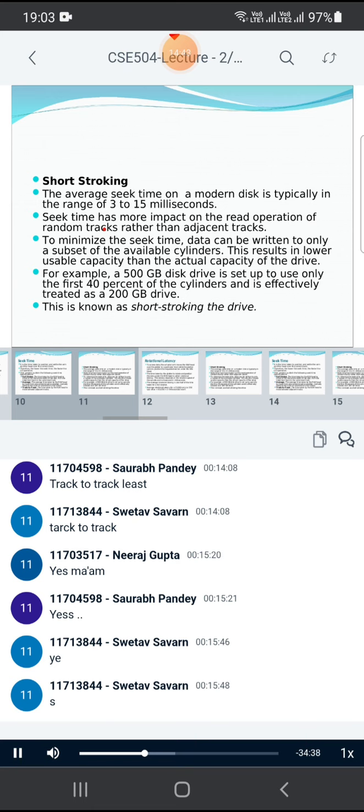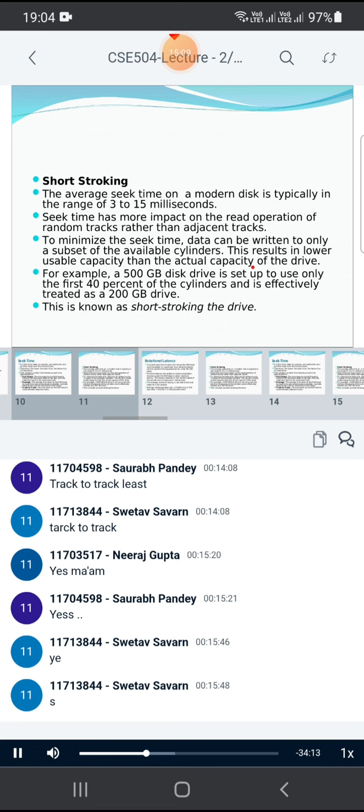So to minimize the seek time in such cases, data can be written to only a subset of available cylinders. Instead of writing data to all the tracks on the surface of the platter, we are just going to use a subset of the cylinders, and this results in lower usable capacity than the actual capacity of the drive.